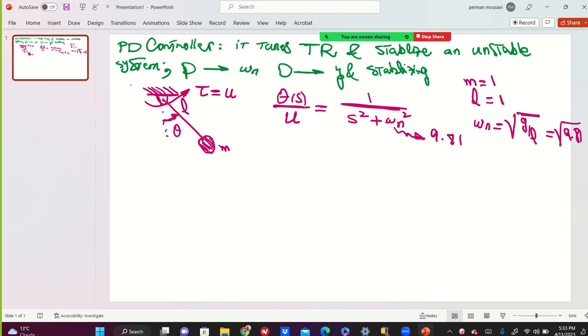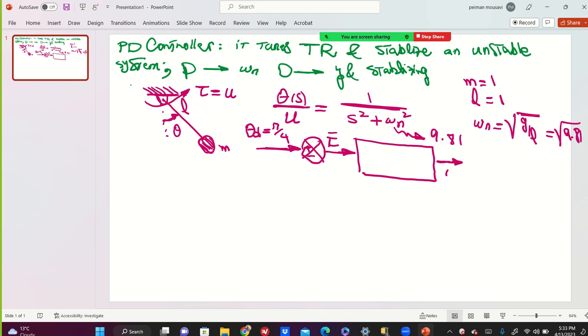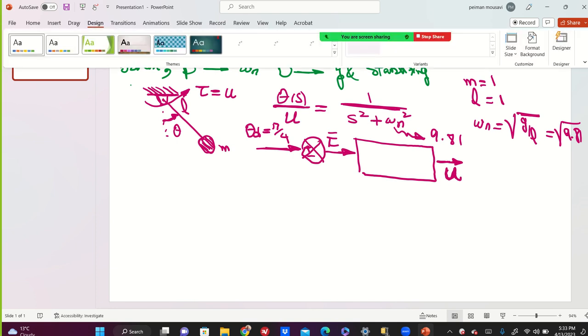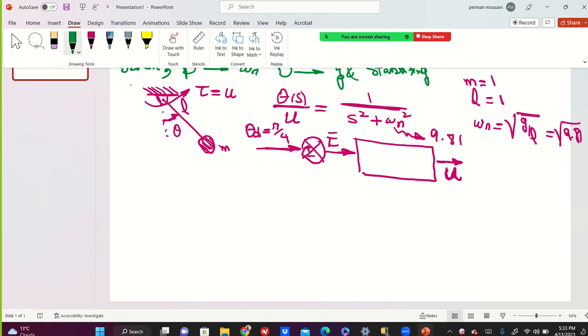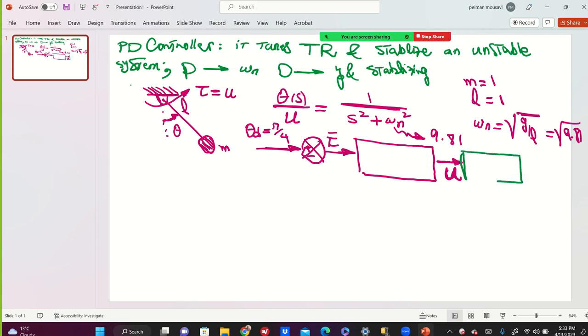And if you remember, I said that I want to keep the pendulum at the desired angle of pi over 4 or 45 degrees. So I need a PD controller here. This is the error signal, and this goes to this U control command that I'm going to do in MATLAB today, to the plant, which is the pendulum here.